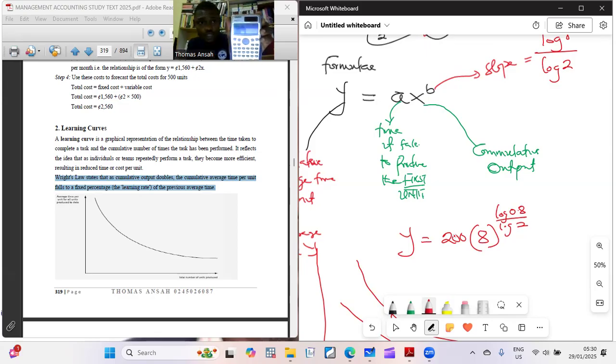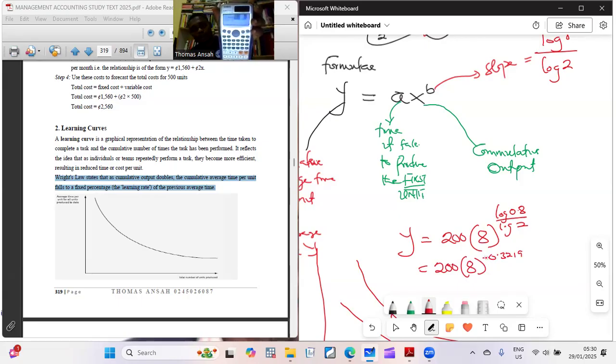You have to close the bracket, otherwise it will give you a different answer. Some calculators don't even come with brackets. Now if I press equal to, this is the figure that I have. So the log gave me minus 0.3219.